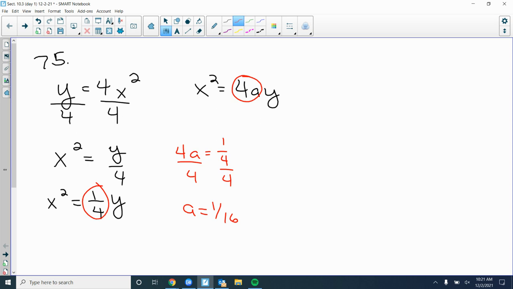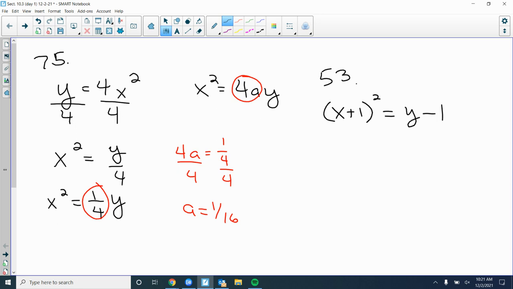Also, I think it came up in 53. So in 53, when we did our work, we ended up with x plus 1 squared equals y minus 1.